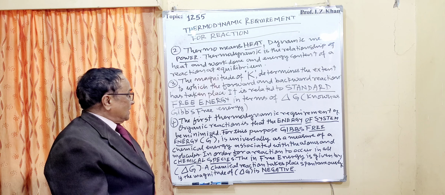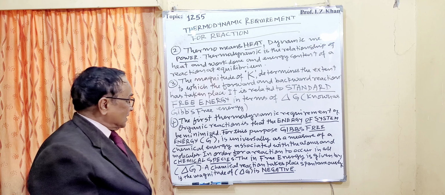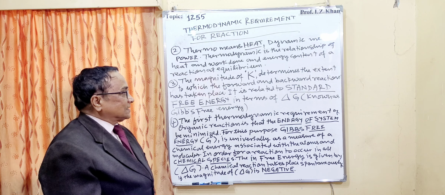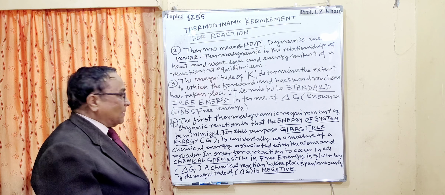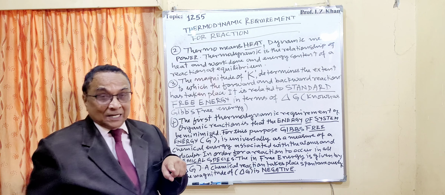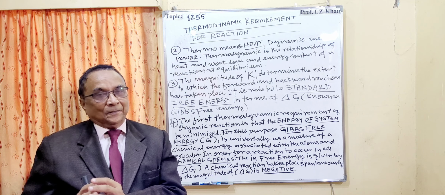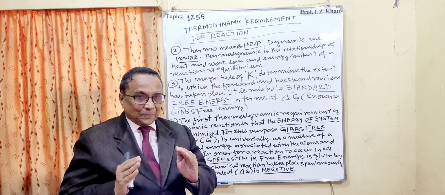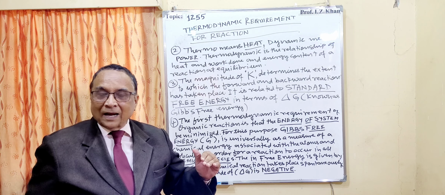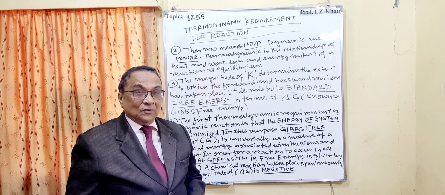Number 4, the first thermodynamic requirement of an organic reaction is that the energy of the system be minimized. I have already given you the example. I am calling system means reaction. System means where a very hot cup of tea is kept on a table, and how it is going to change into equilibrium very quickly.